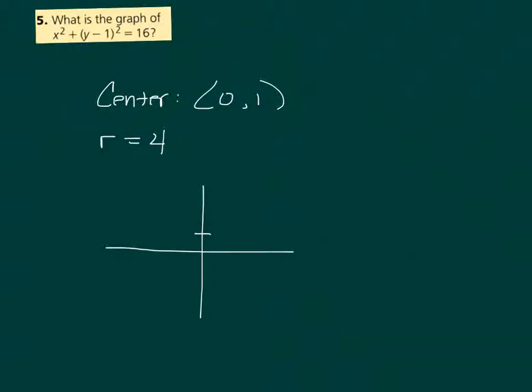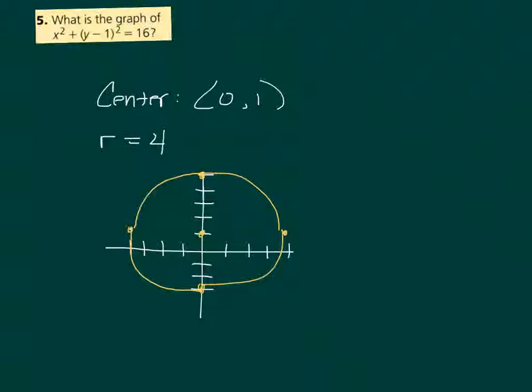So, center at (0, 1), we just need to go 4 spaces in every single direction, up, down, left, right. So, up 4, left 4, right 4, down 4, and then play a little connect the dots. Love that game. Hand-drawn graph, looks terrible, but that's all right.